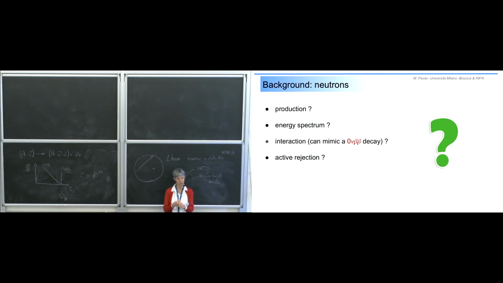Have you any idea of what produces neutrons? Neutrons, of course, need to be produced by some interaction. Have you any idea of what? Okay. One of the sources is, yes, an alpha, is this one.